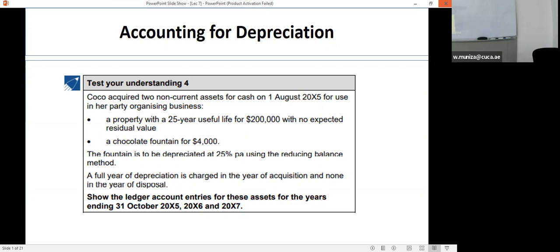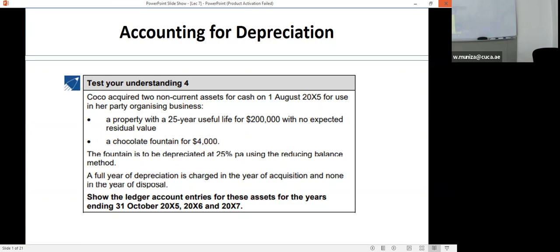So two methods are allowed by IAS 16 for depreciation. What are those? Straight line method and reducing balance method. We had discussed both of them. Do you remember? In the straight line method, the same amount of depreciation is charged over the useful life of an asset.